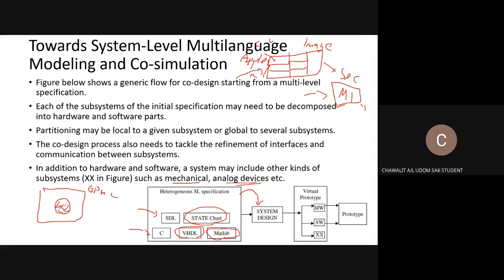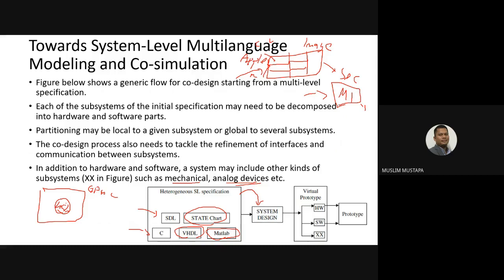Do you know what sensor they use? Gyro. Yeah, gyro or accelerometer. Those are what they call MEMS, right? Micro-electro-mechanical systems. I think you learned about it. Did you learn about MEMS? Yes. There are a lot of different kinds of MEMS. MEMS is a combination of mechanical and electronics.